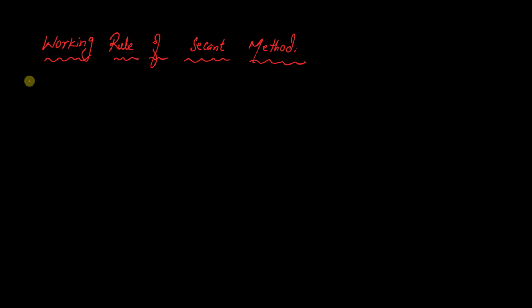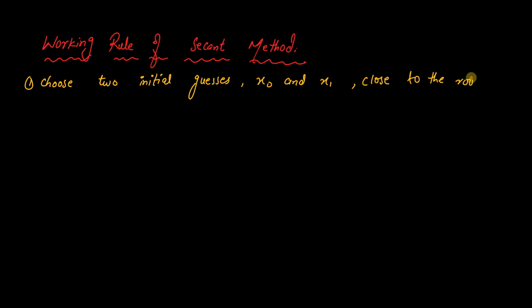Step 1: we need to choose two initial guesses. Let's suppose the first initial guess is x naught and the second one is x1, and they are close to our root.